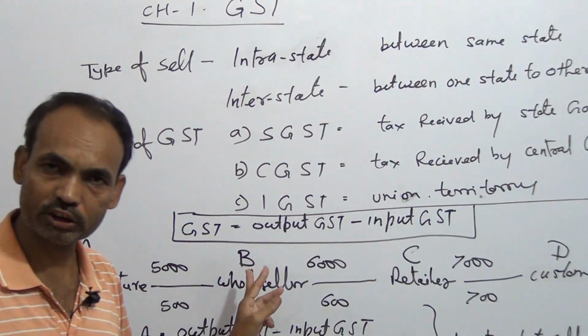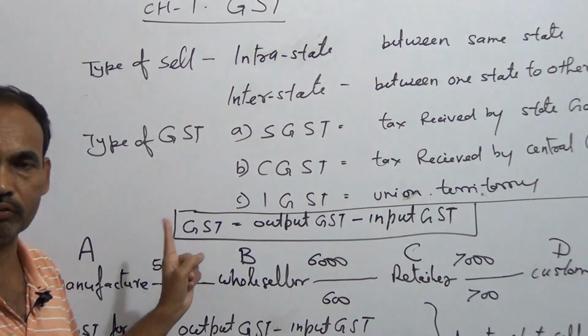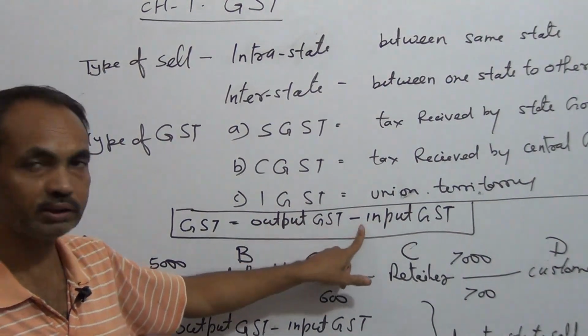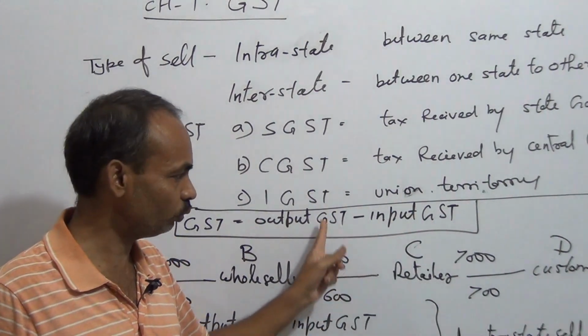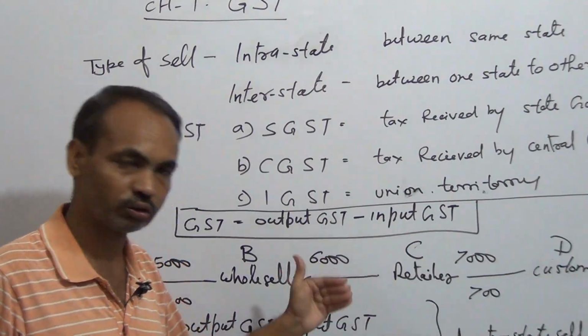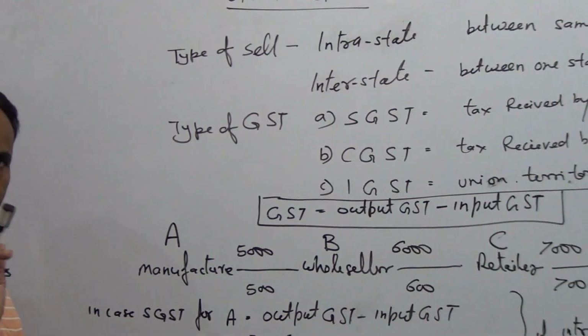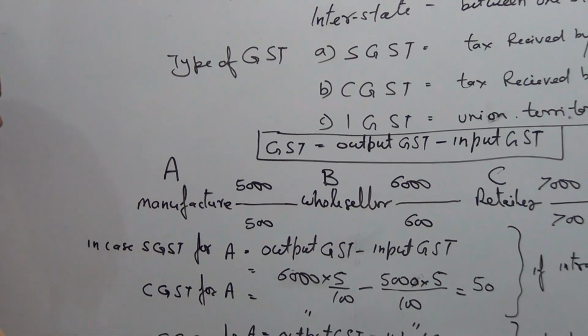To calculate GST, only one formula is given in this chapter: Output GST minus input GST. Only one formula is used during the solution of all GST numericals. Let's explain with an example.